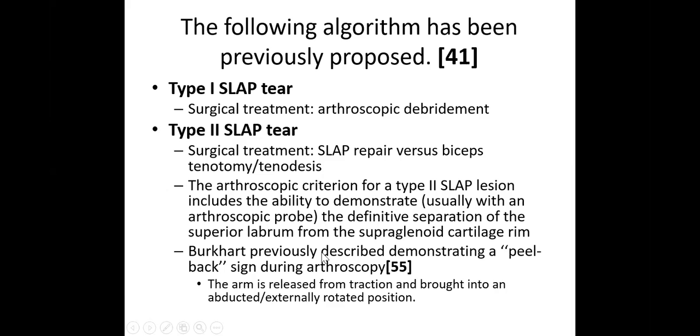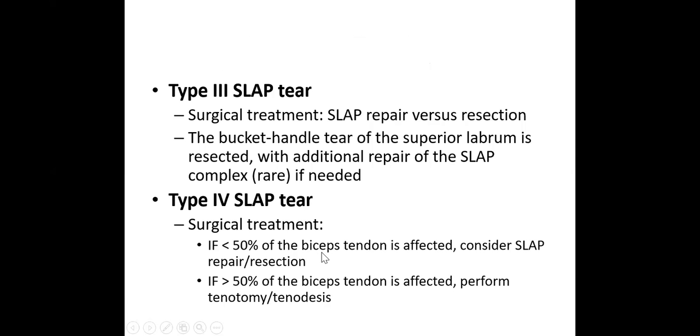और उसने आर्थ्रोस्कोपिक में इसको डिस्क्राइब किया था पहली बार. जो टाइप 3 स्लैब टीयर है इसमें जो सर्जिकल मैनेजमेंट होगी वो ऑब्वियसली स्लैब रिपेयर तो होगा लेकिन उसके साथ साथ रिसेक्शन होगी, किस चीज की रिसेक्शन होगी, वो जो बकेट हैंड, बिकॉज टाइप 3 का जो करेक्टरिस्टिक है वो क्या है, दिस इज द बकेट हैंडेड डिफॉर्मिटी, और ये बकेट हैंडेड टीयर ऑफ सुपीरियर लेब्रम जो है इसको रिसेक्ट किया जाता है. टाइप 4 स्लैब टीयर जो है इसका सर्जिकल ट्रीटमेंट इसमें डिपेंड करता है कि बाइसेप टेंडन की इन्वॉल्वमेंट कितनी है.